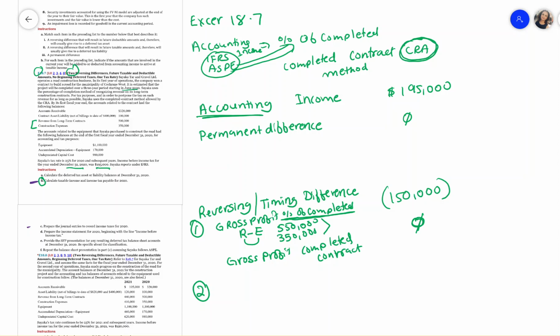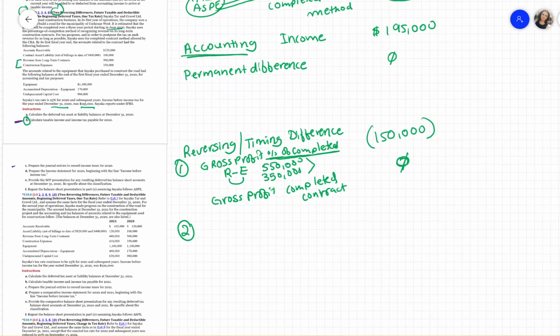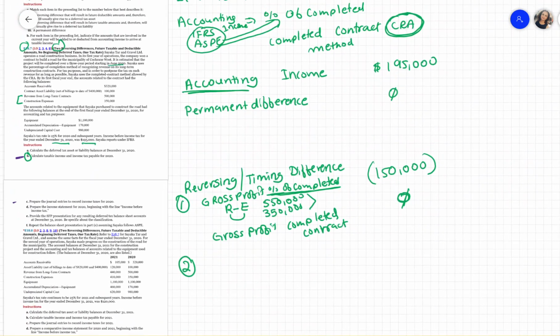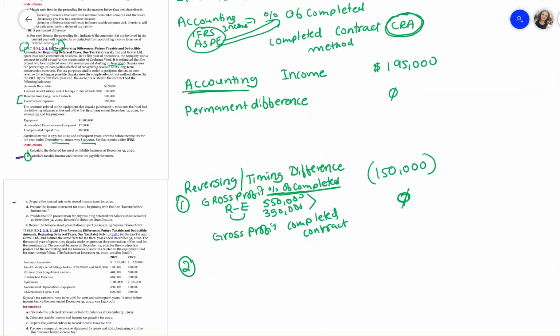Sometimes they tell you the depreciation expense and sometimes you calculate it indirectly. If they don't tell you the difference in the depreciation, can we calculate it? Yes, we can. How are we going to calculate it?